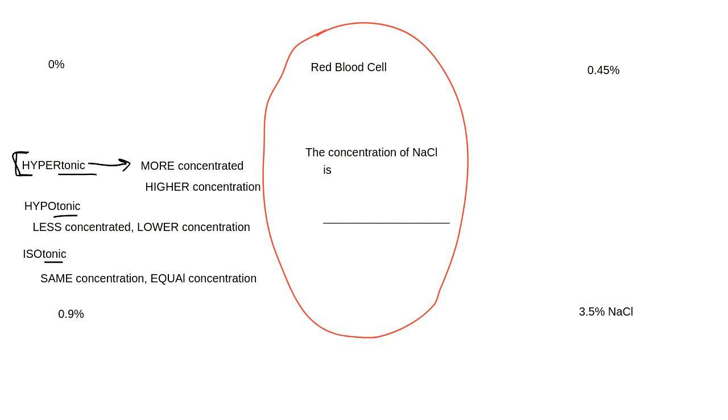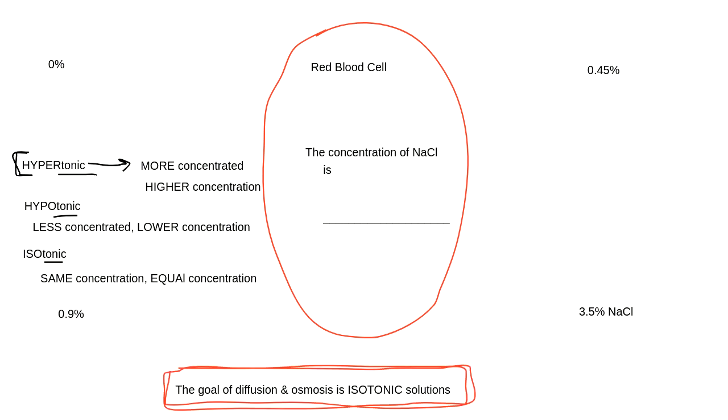We said the goal of diffusion and osmosis is isotonic solutions. If you didn't write this down before, we want to write this down now, or we might want to write it down again to make sure you remember. The goal of diffusion and osmosis is to make things equal.